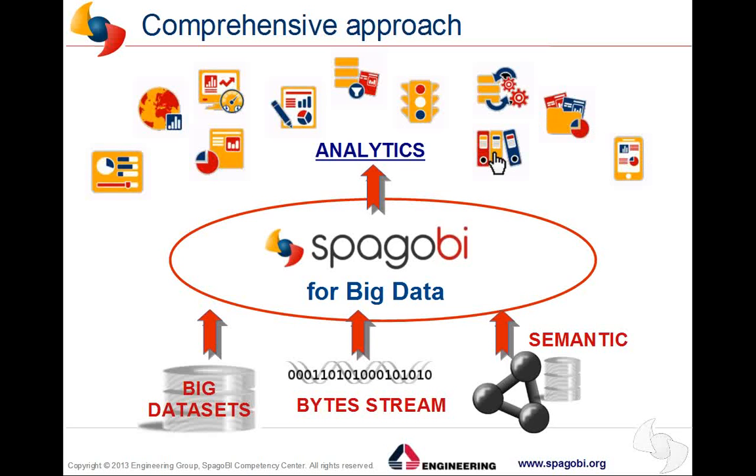You can think about static reports, but also geographical documents or charts, and also some kind of documents handmade by the end user, just like it is the worksheet engine.